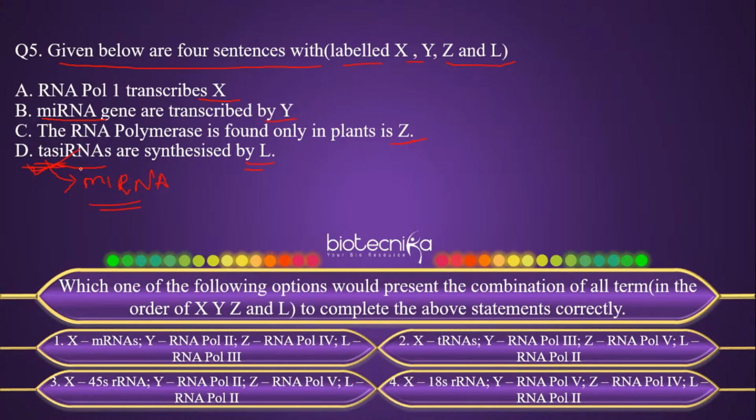These are mainly used for gene silencing, and the processing and everything is carried out by a microRNA-based mechanism. That means you will have a dicer, an argonaute complex, a RISC complex, which finally leads to degradation. Got it, Antara? Okay, fine.